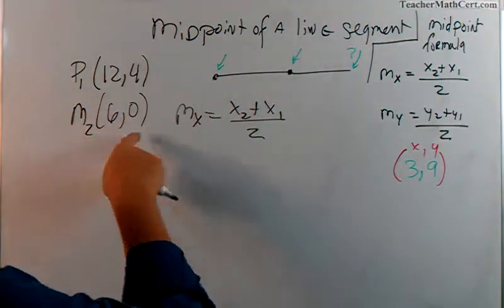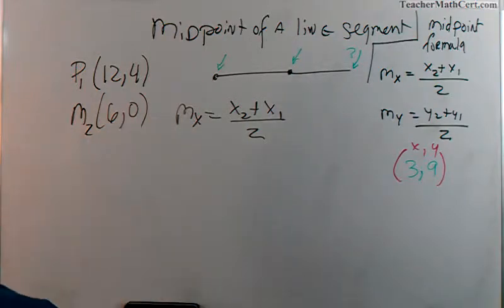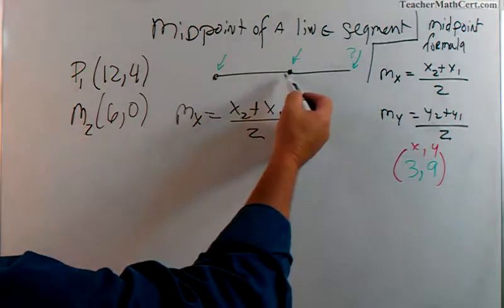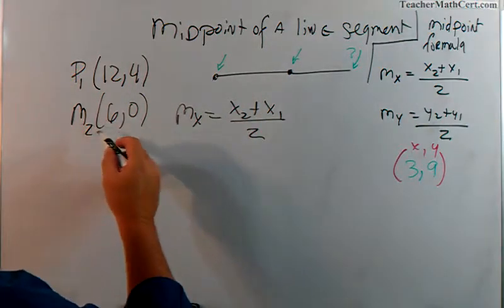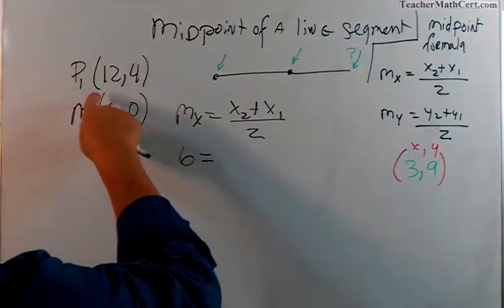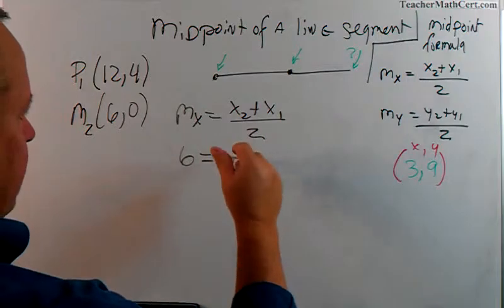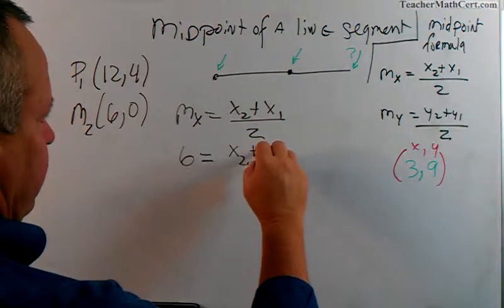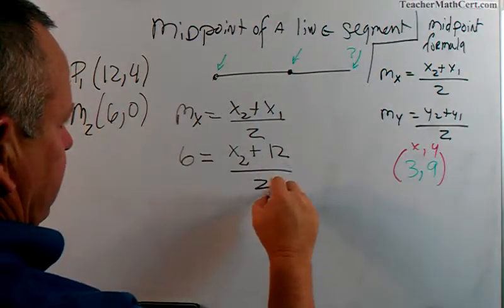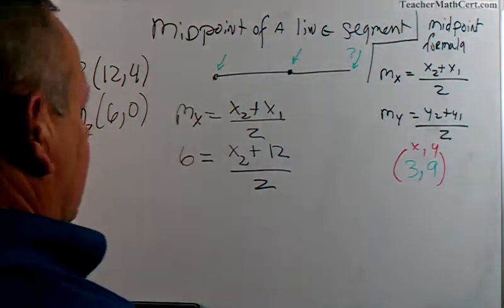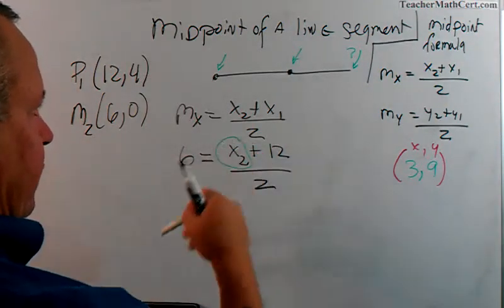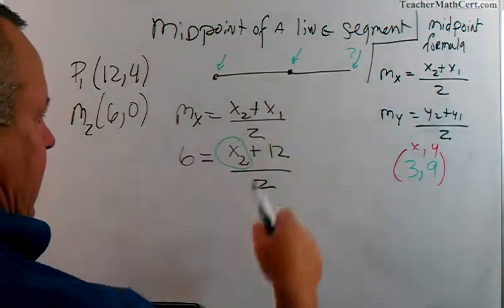So we have m sub x, right? M sub x is what? It's 6. This is the midpoint, and this is the x value for the midpoint. And we have point 1. So we've got x sub 2 plus x sub 1, which in this case is 12, divided by 2, right? Now we need to solve for x2, the x value of this point out here.